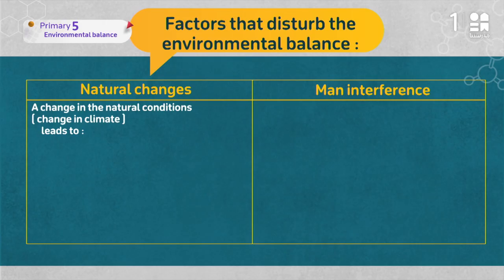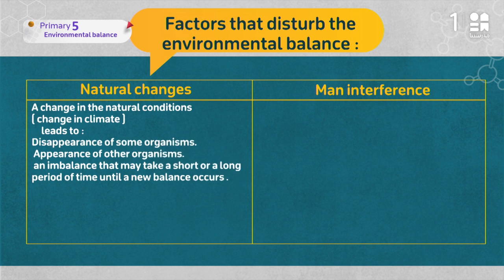طب ده ممكن يسبب ايه؟ It leads to disappearance of some organisms or appearance of other organisms, and that leads to an imbalance of the ecosystem.